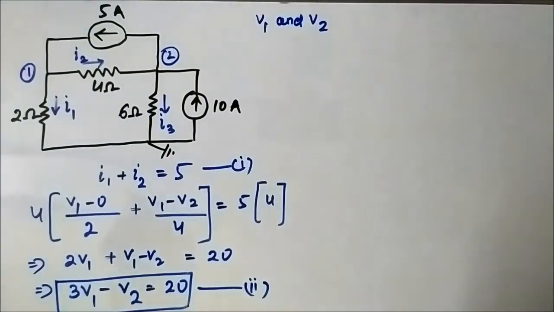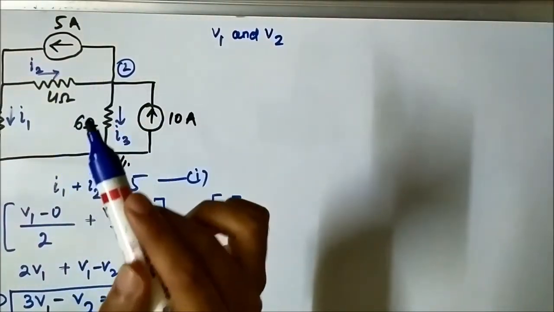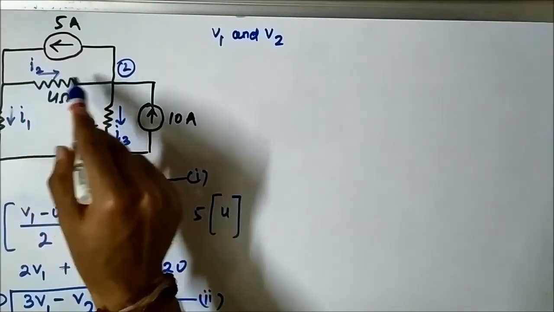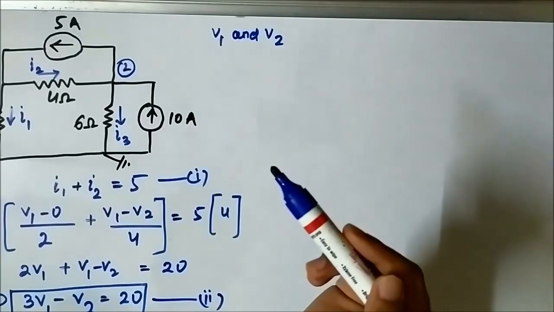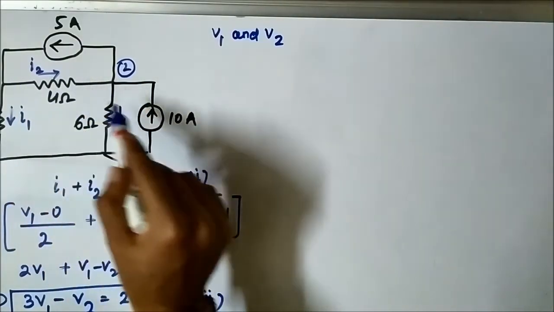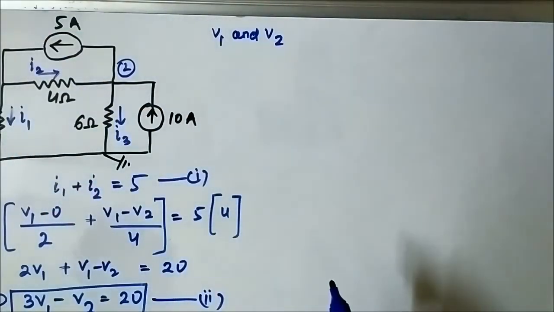Okay. Next, let us apply KCL at node 2. In node 2, I2 and 10 ampere, they are moving towards the node. Okay, I2 and 10 ampere are moving towards the node. 5 ampere and I3 are moving away from the node.